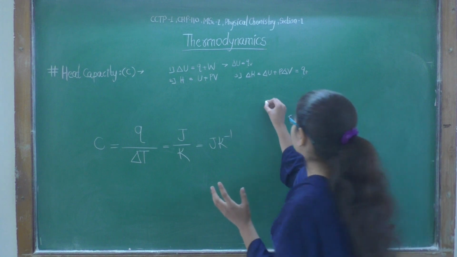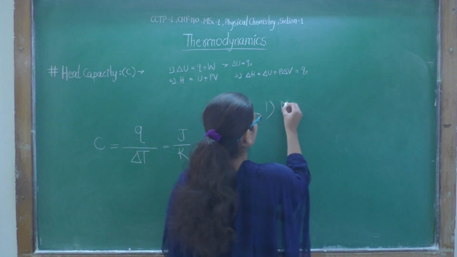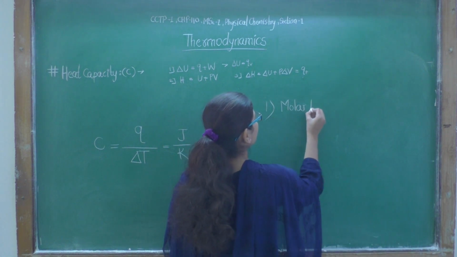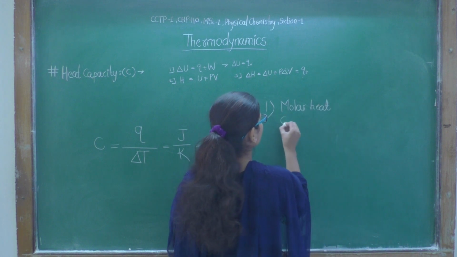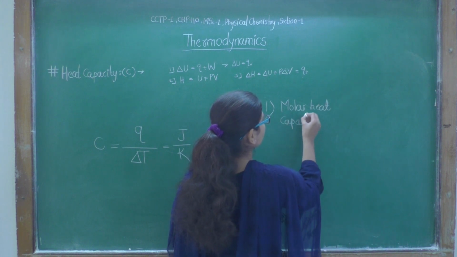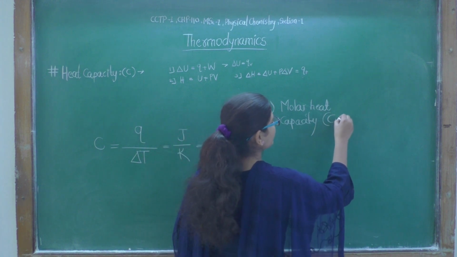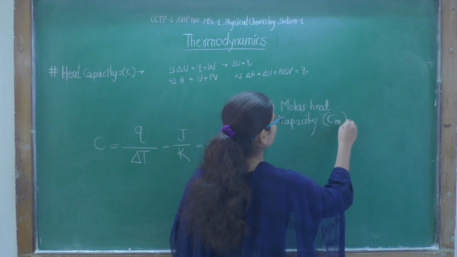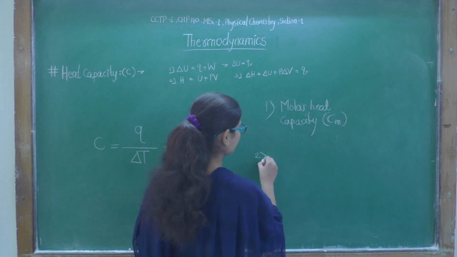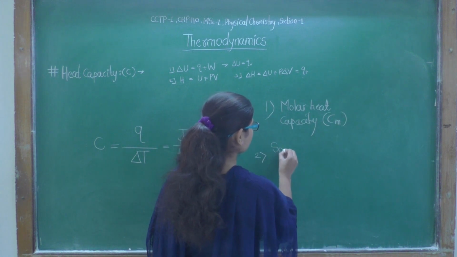First is molar heat capacity. It is denoted by CM. And another is specific heat capacity.